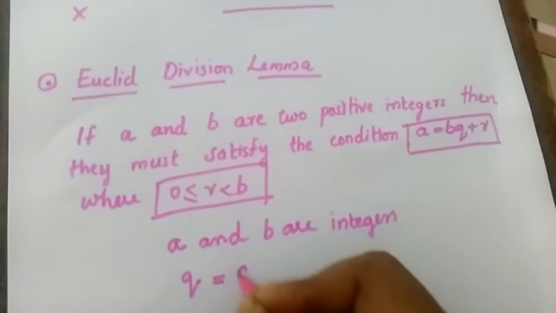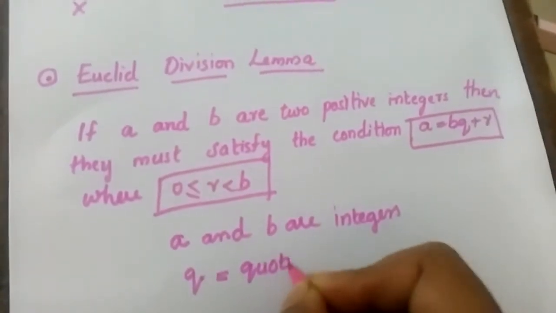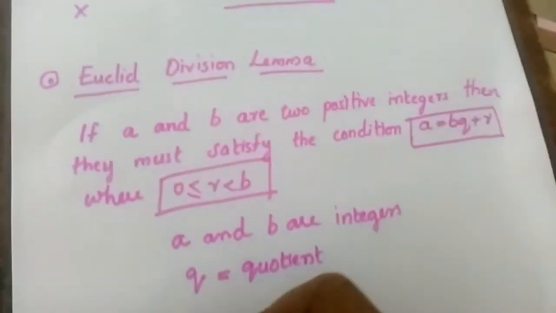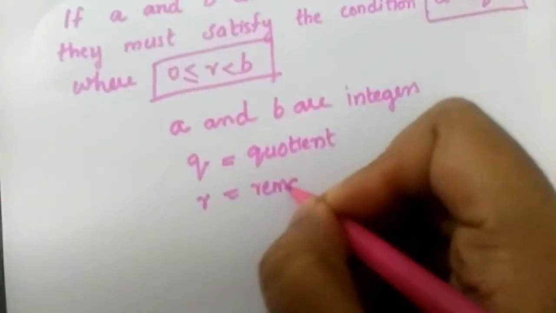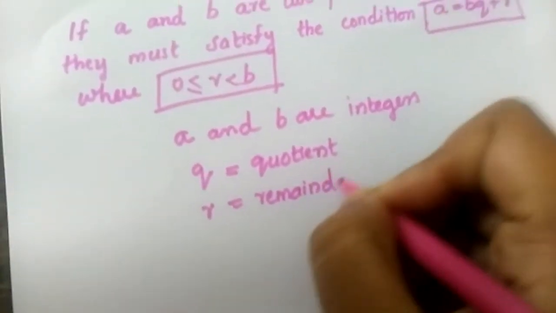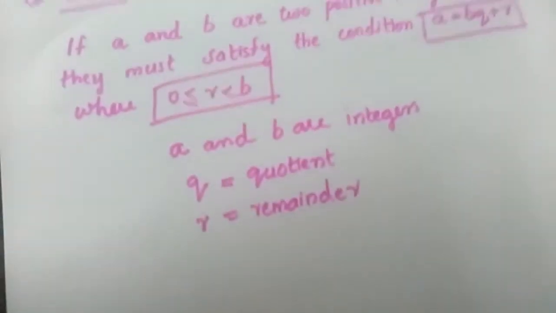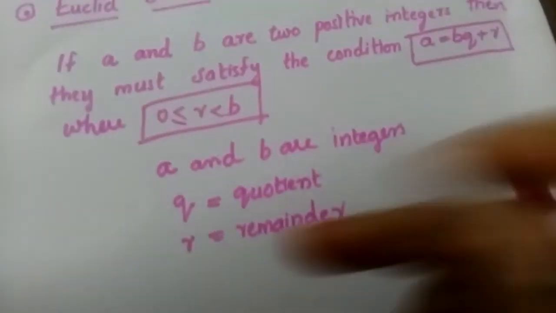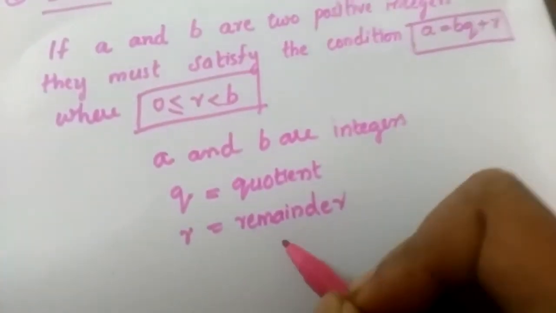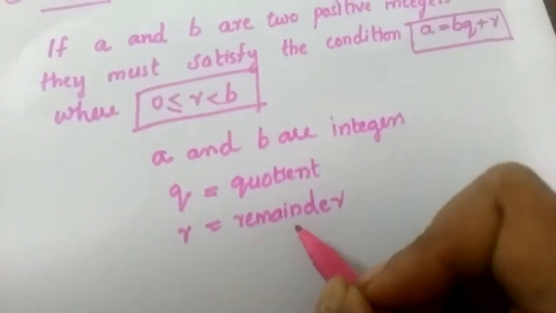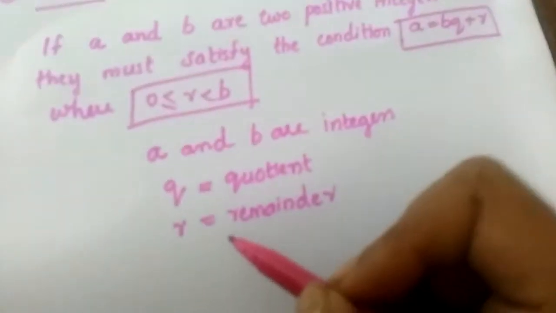Q is the quotient in the division. What is r? R is the remainder of the division. The condition is 0 ≤ r < b. That means the remainder is between 0 and the positive integer b.